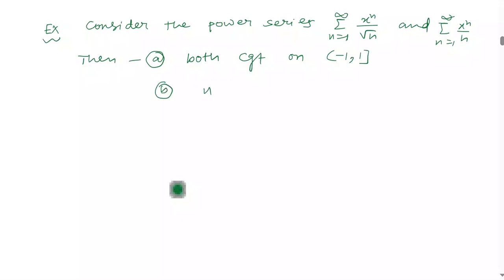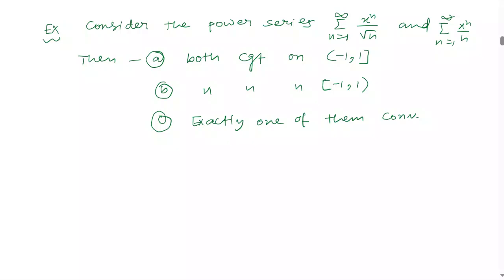दूसरा बोल रहा है both convergent on [-1, 1]. C बोल रहा है exactly one of them converges on [-1, 1].